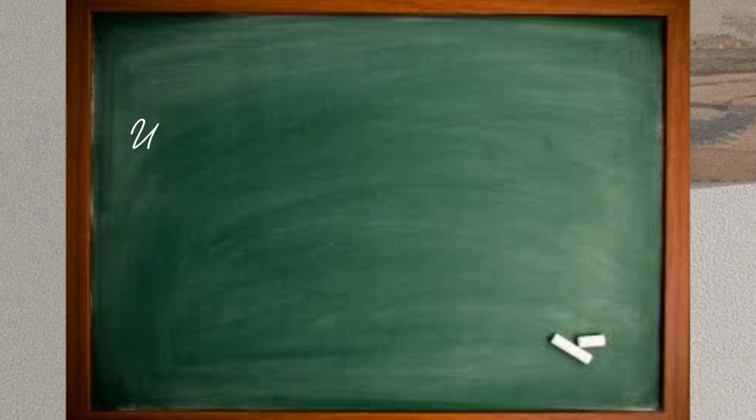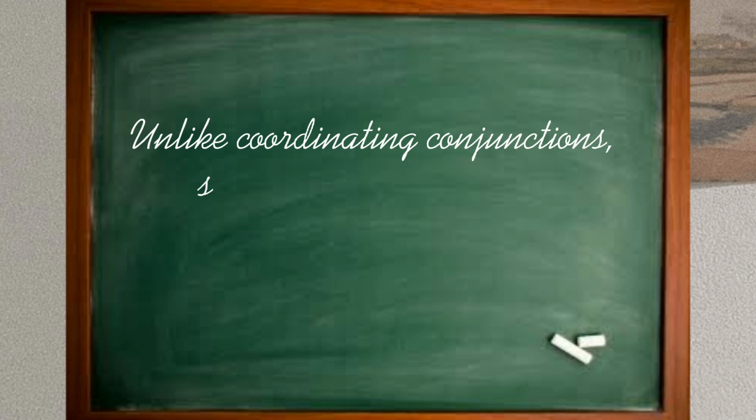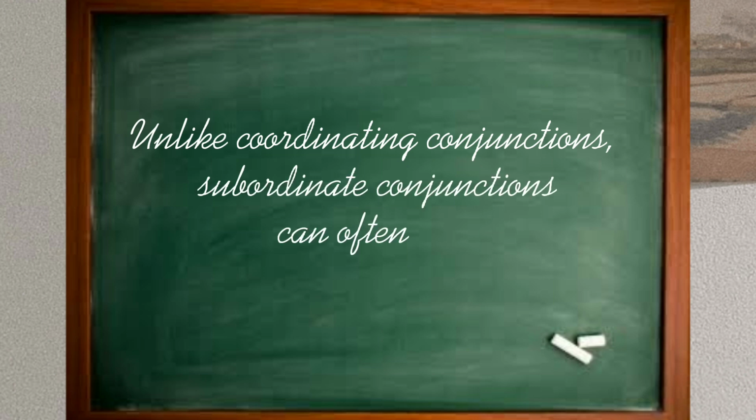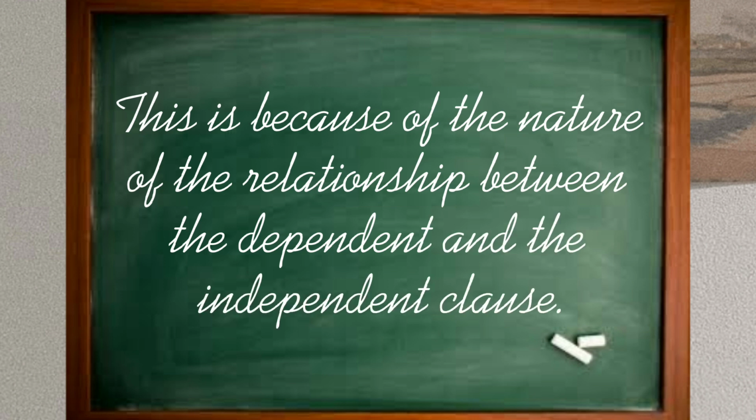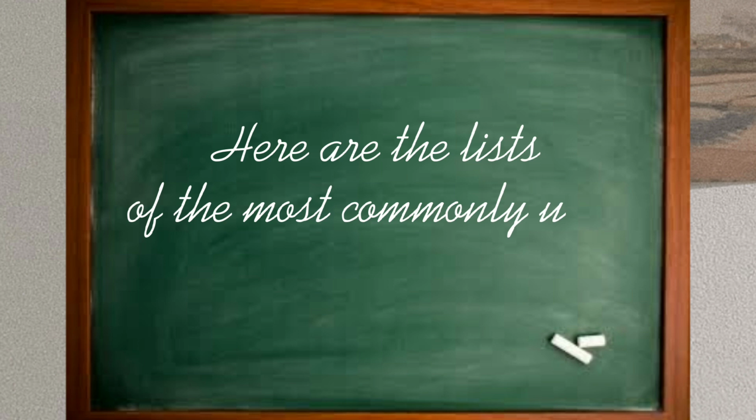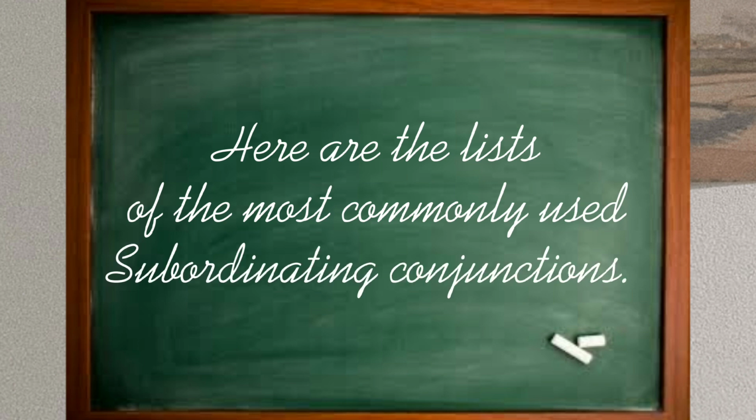Unlike coordinating conjunctions, subordinating conjunctions can often come first in the sentence. This is because of the nature of the relationship between the dependent and the independent clause. Here is the list of the most commonly used subordinating conjunctions.